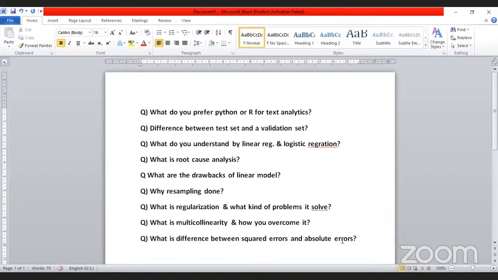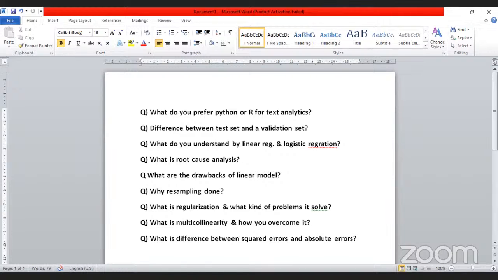And absolute error is taking how close our future predictions, whatever our predictors, are to our actual outcome, right? The difference between those.